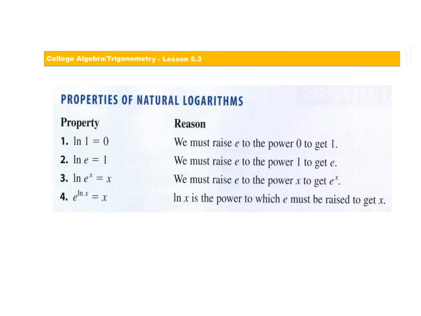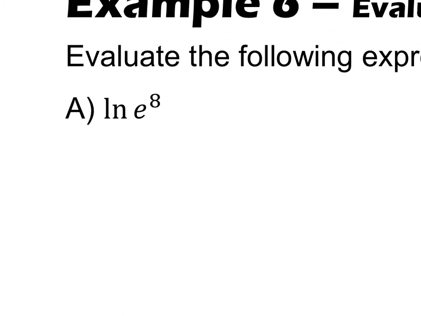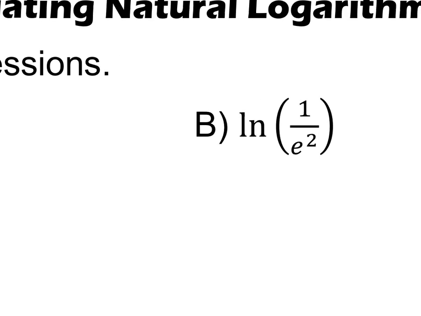So if you have a question like this, it's the exact same thing that we talked about with our log and our exponential. ln and e are what of each other? So they cancel out. So my answer here is 8. Here's the tricky one.